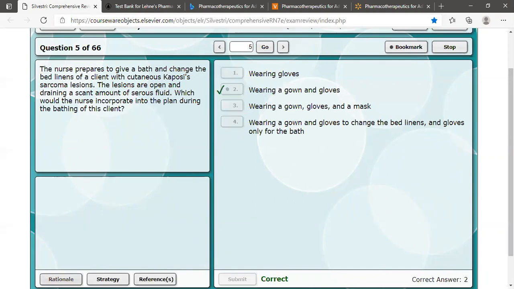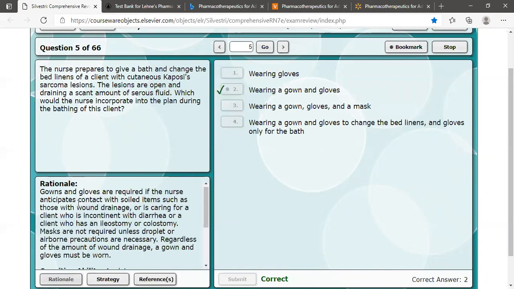What is the rationale? Gowns and gloves are required if the nurse anticipates contact with soiled items, such as those with wound drainage, or in caring for a client who is incontinent with diarrhea, or a client who has an ileostomy or colostomy.